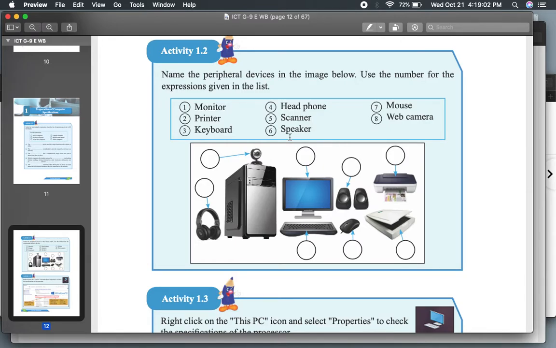Number 6 is the speaker. There are 2 speakers noted there, one with the arrow pointed to it. Number 7 is the mouse. Everyone knows what the mouse looks like. And number 8, the last one, is the web camera. We call it a webcam.